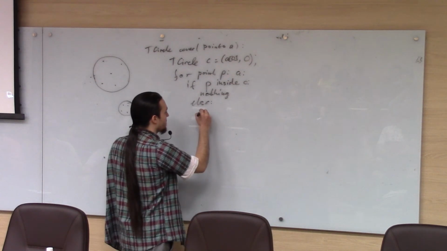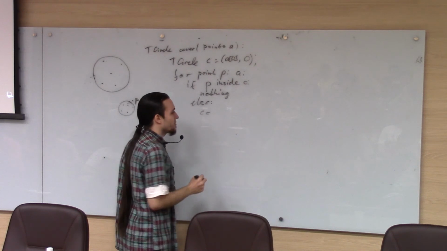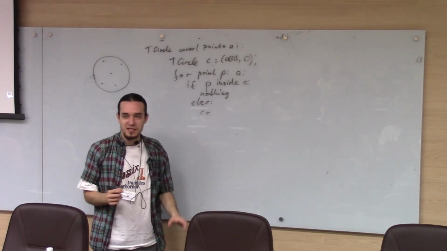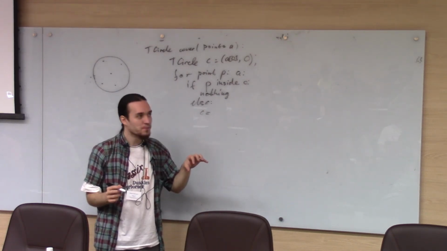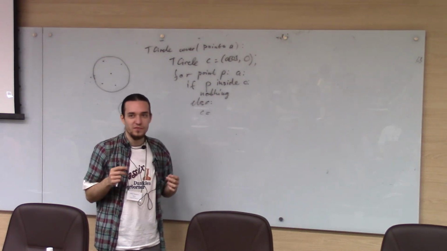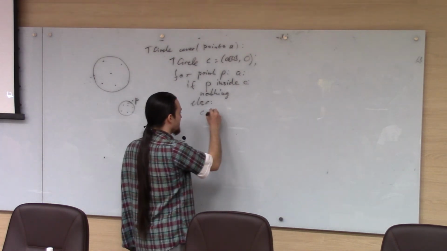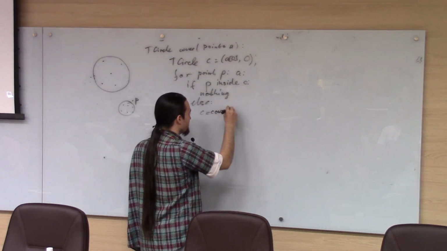But still, we will go like so. Our circle C is going to be the circle that covers a certain portion, with the additional information that one of the points lies on the border. So we will write another function, I guess.